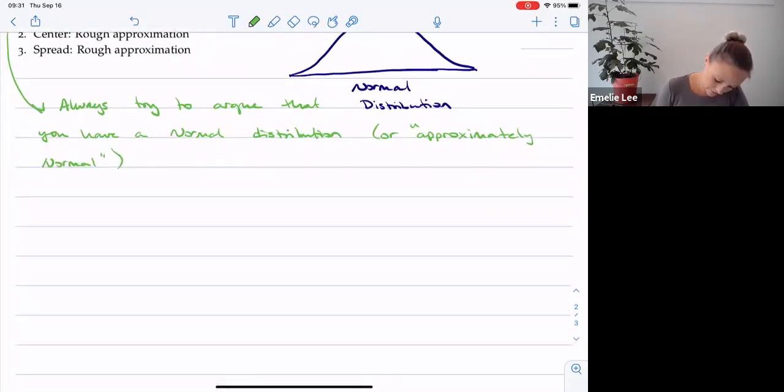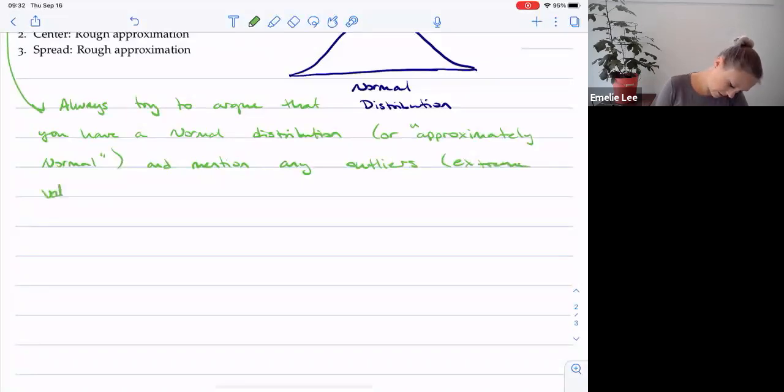And mention any outliers, which are extreme values.